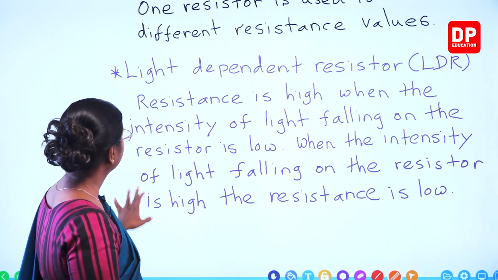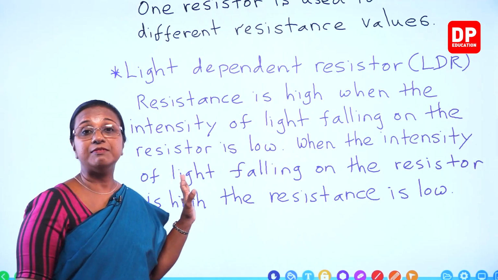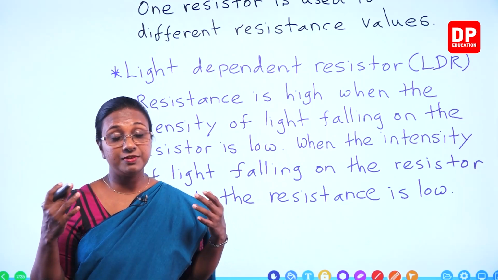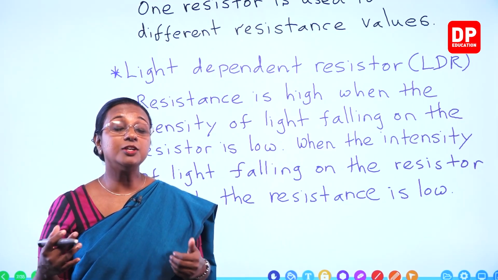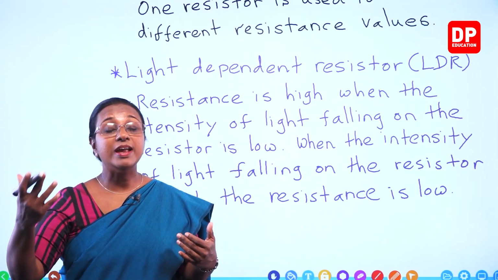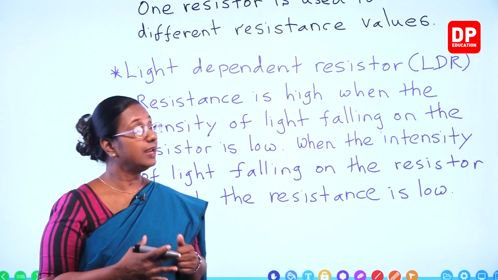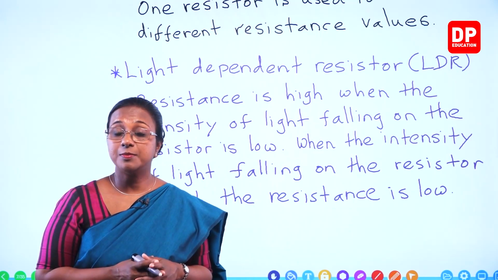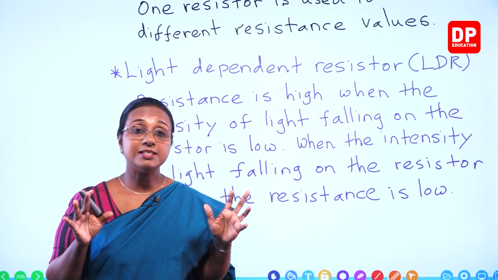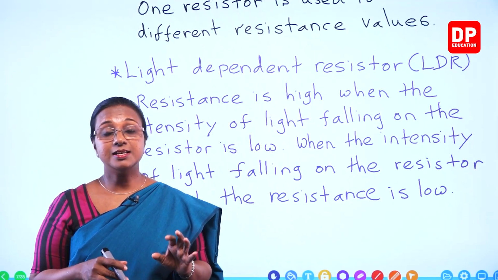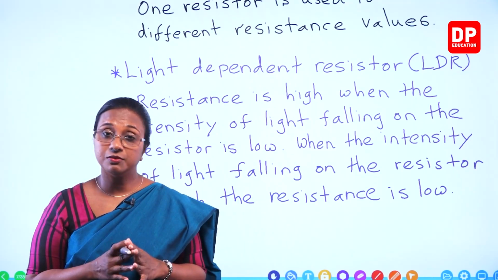Either way is fine. So here, how can we use it? If we want a circuit to function, if we want the current to flow through a circuit when there is light, then we can use this type of resistors. When there is light falling on the resistor, resistance is less, then there will be more current flowing.